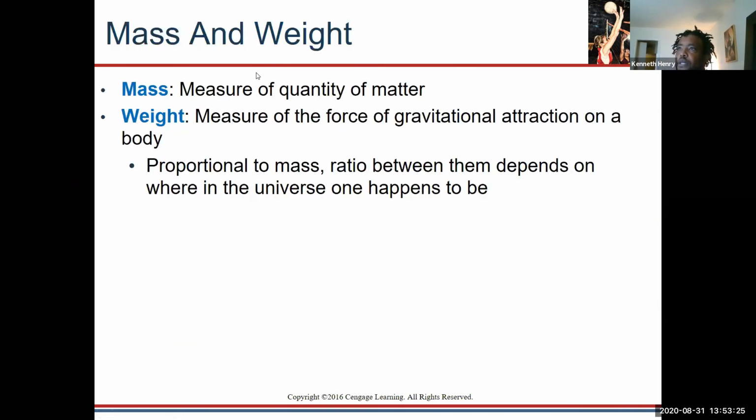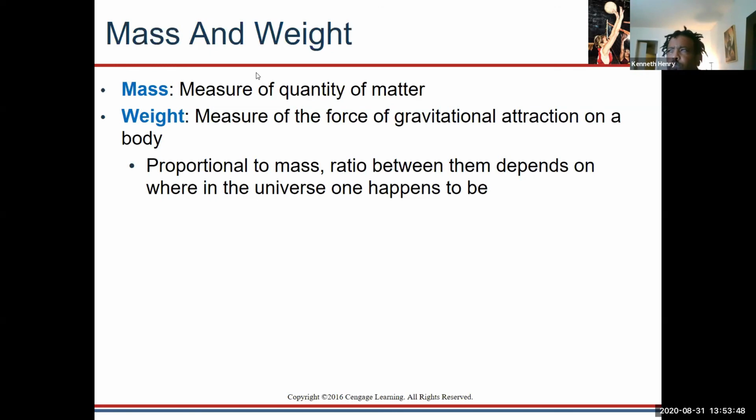Okay, so the difference between mass and weight. Mass is going to be the same regardless of where you're at, whereas weight is dependent on gravitational force. So on Earth, I'm going to weigh differently than I would weigh on the moon.